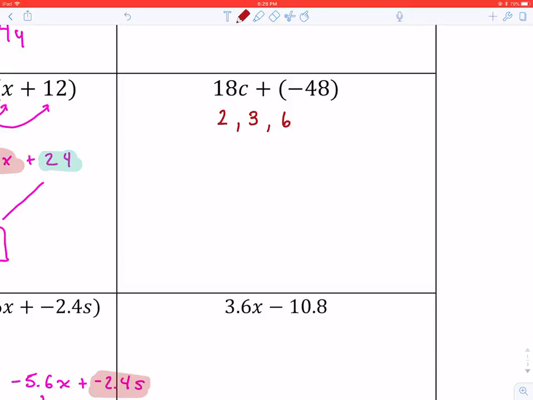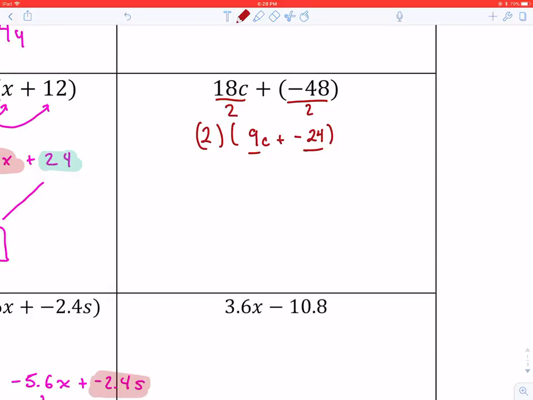But what I want to do is pull out a number so that the numbers that go in the second set of parentheses are no longer able to be simplified. So what do I mean by that? If I decided to pull out a 2 from both of these, then I would divide both of these by 2, which would leave me with 9c plus negative 24.